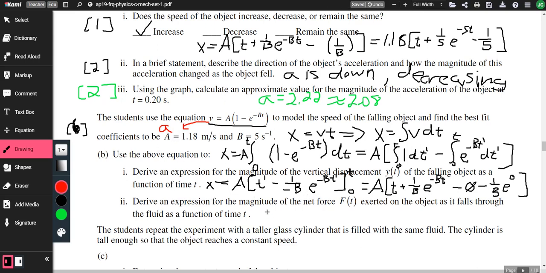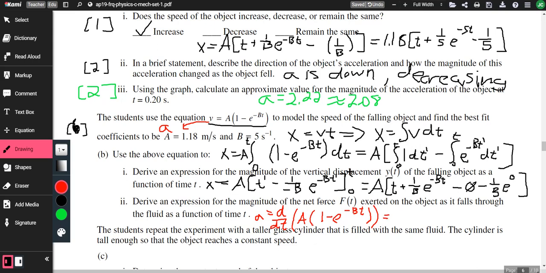Now this is going to be a little bit easier. Integrals are always a little bit more tricky. To find the acceleration, remember that's the change in velocity over time, so that's a derivative. That's going to be the derivative with respect to time of this equation, a times 1 minus e to the negative bt.